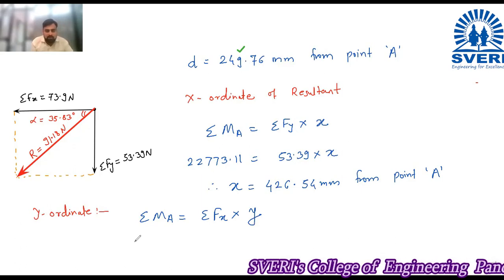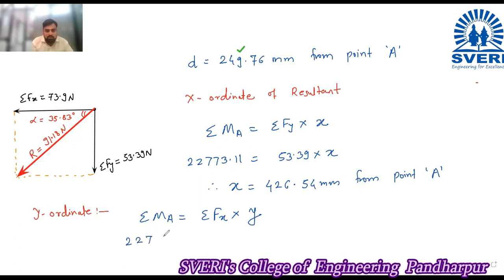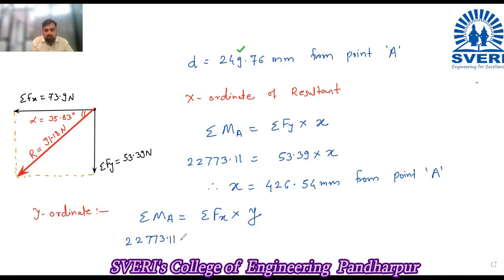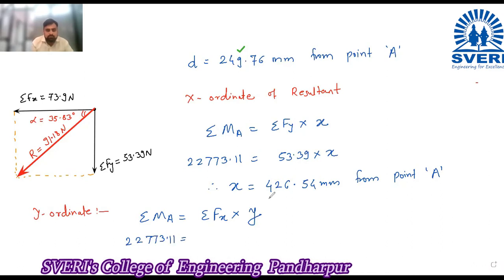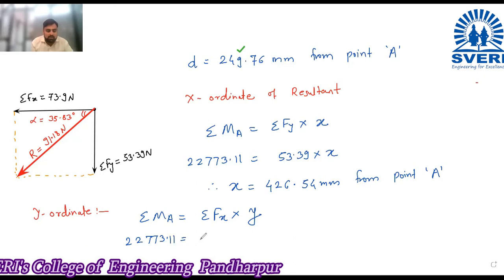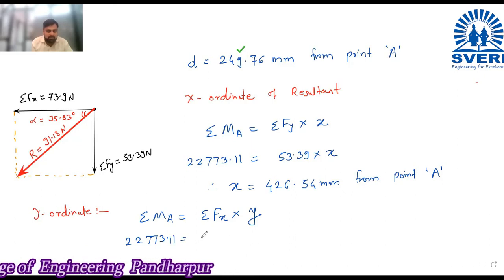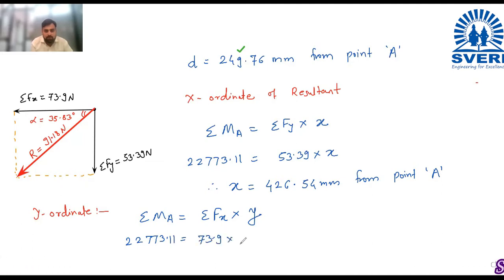So here once again I will put the value. 22773.11 is equal to summation Fx. The value of summation Fx was 73.9 into y.